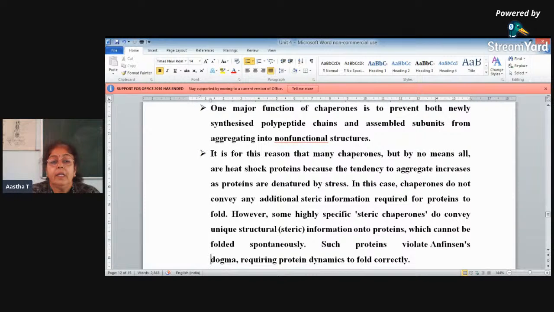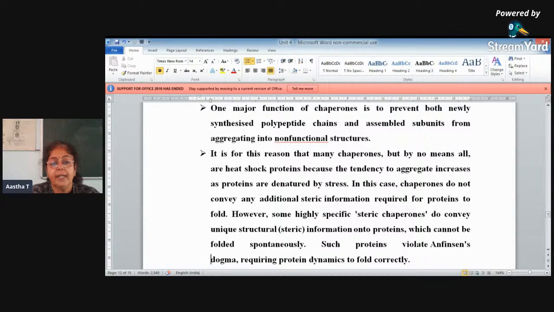Chaperones do not contain any additional steric information required for the proteins to fold. However, some specific steric chaperones do convey unique structural information onto proteins. They don't have that particular information to carry out the folding, but they play a supporting role.